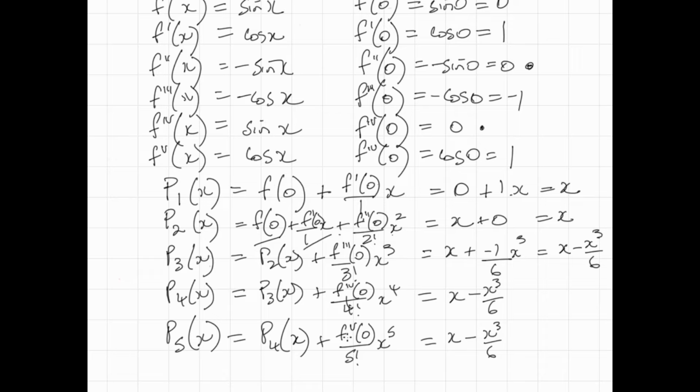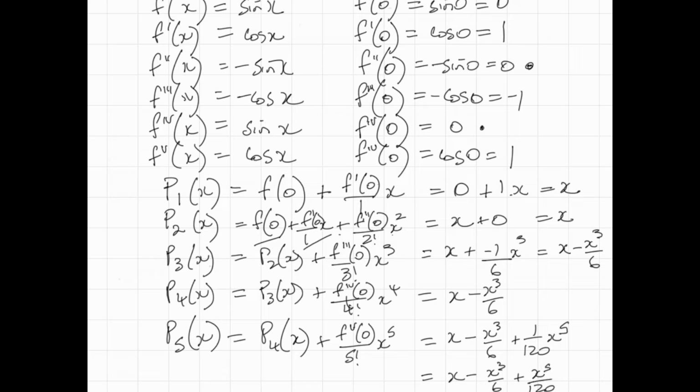Now the fifth derivative with x equals 0 gives me 1. 5 factorial is equal to 5 times 4 times 3 factorial, so that's 120. So that will be 1 over 120 times x to the power of 5, which is equal to x minus x cubed on 6 plus x to the power of 5 over 120.